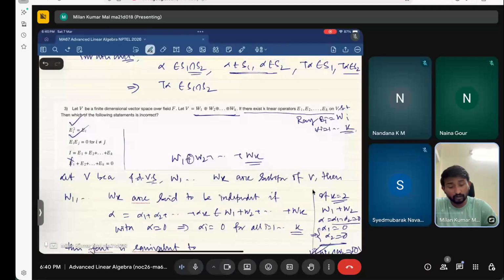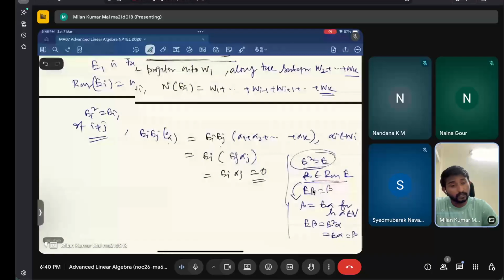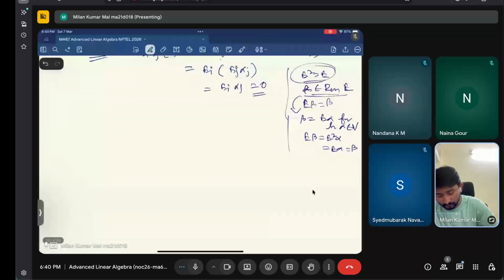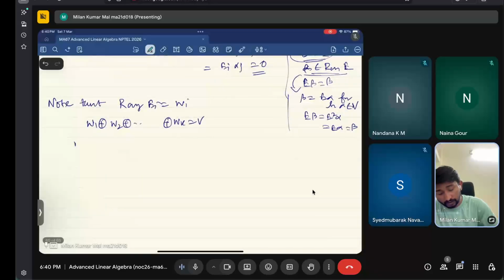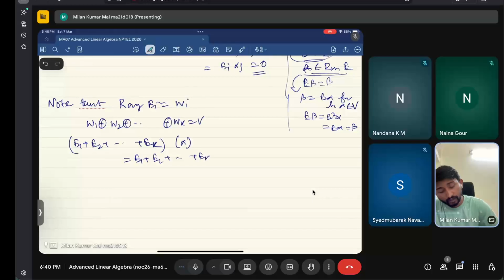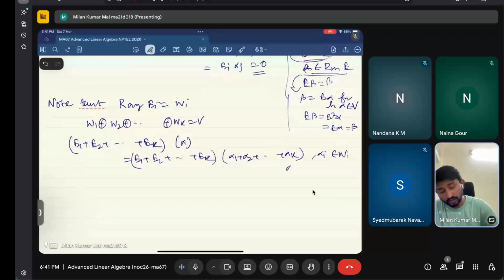Whether this is true or not: note that the range of Ei is equal to Wi, and also we know that W1 direct sum W2 direct sum Wk is equal to V. So now the question is, what should E1 plus E2 plus all Ek be as an operator? Apply it on an element alpha, that means E1 plus E2 all the way Ek will map alpha 1 plus alpha 2 plus all the way alpha k, where alpha i is in Wi, and alpha is this sum.